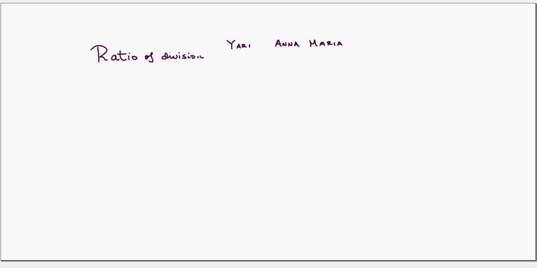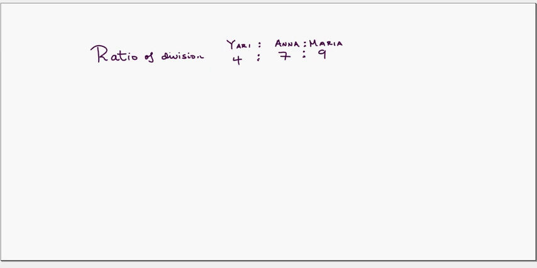Those are the three parties. So Yari to Anna to Maria is the ratio that they gave us, which is 4 to 7 to 9. That's the ratio of division.